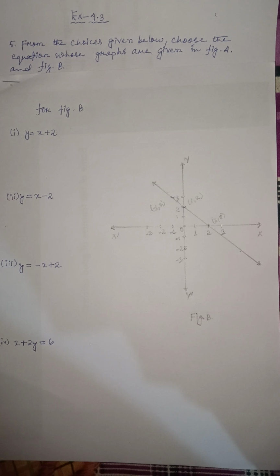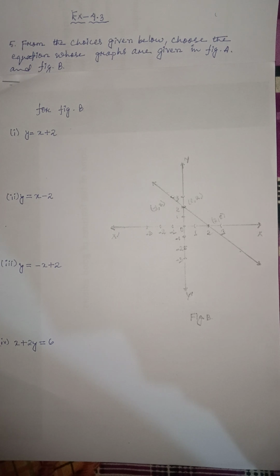As we can see from the points, the first point is minus 1, 3, secondly we have 0, 2, and thirdly we have 2, 0. Now let us put these values into options 1, 2, 3, and 4, and evaluate the corresponding values.